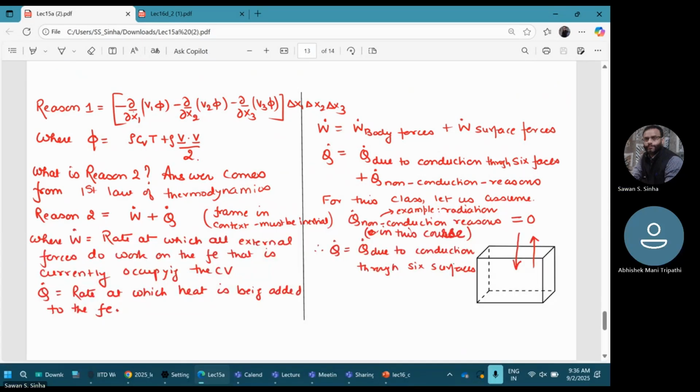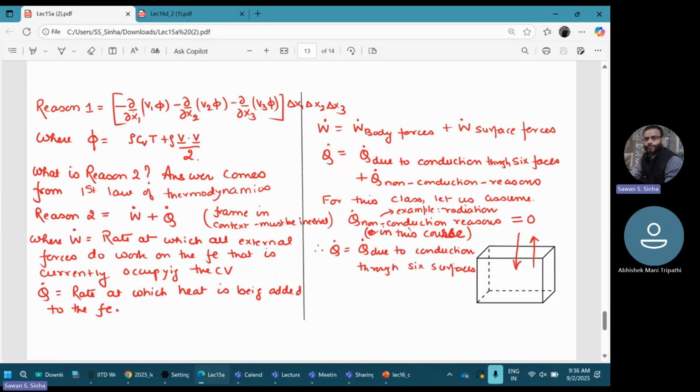Now W dot: to get the expressions of W dot, we will again remind ourselves that forces themselves are of 2 different types, body forces and surface forces, and thus the work done by the forces can also be categorized as the rate of work being done by body forces and the rate at which surface forces do work.